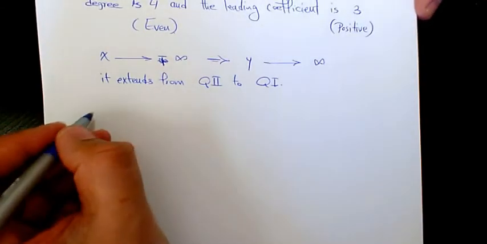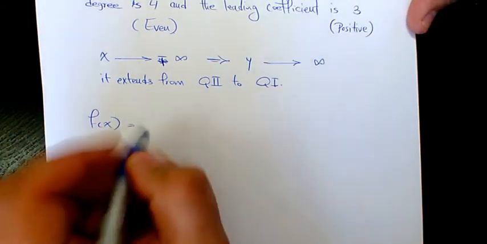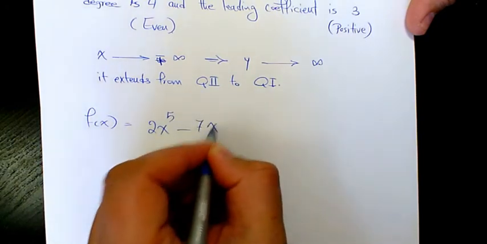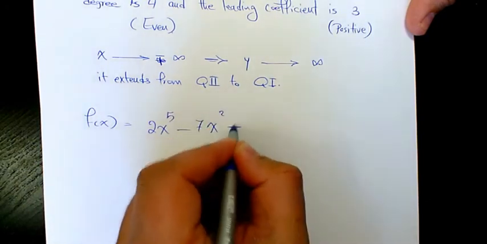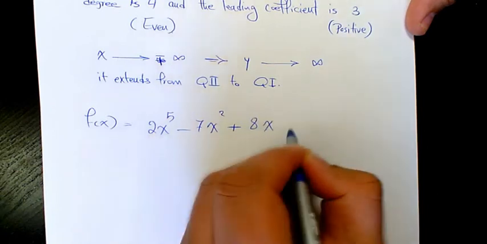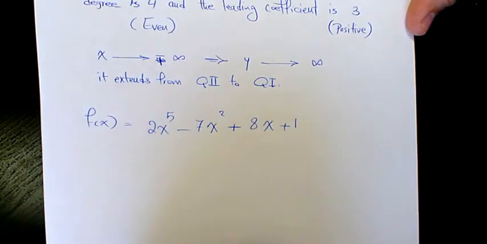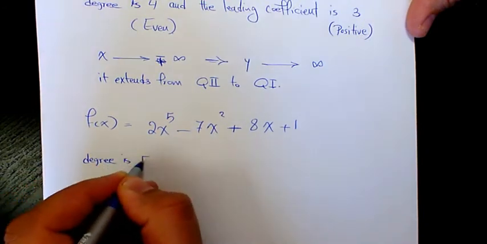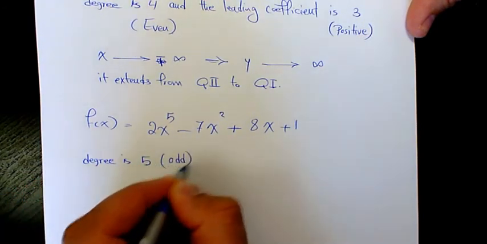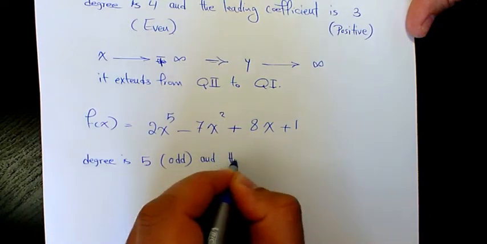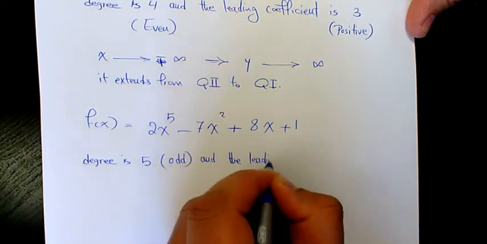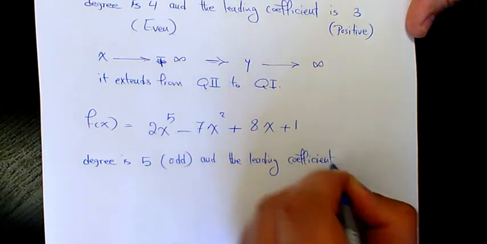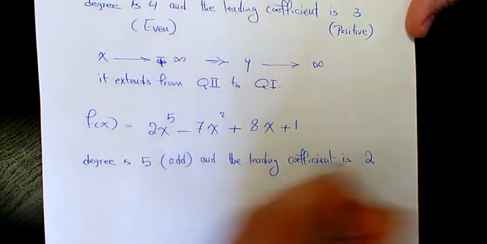Next one is f of x equals 2x to the power of 5 minus 7x to the power of 2 plus 8x plus 1. In this example, the degree is 5, which is odd, and the leading coefficient is 2, positive.